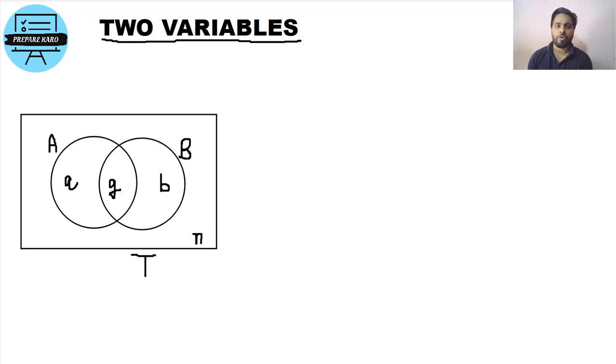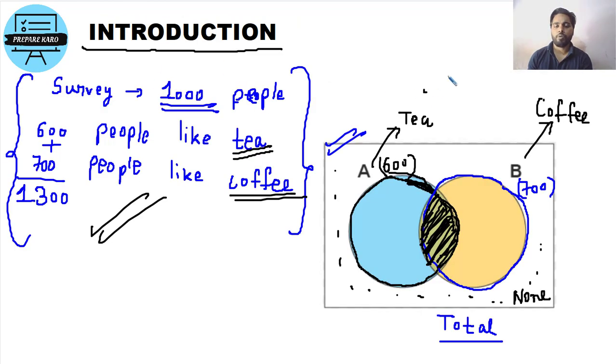Compare this Venn diagram with the previous one, the tea one. Let's say this is the region small a, this is the region small b, and the central region is small g. And this is none, n. That's the total, capital T.